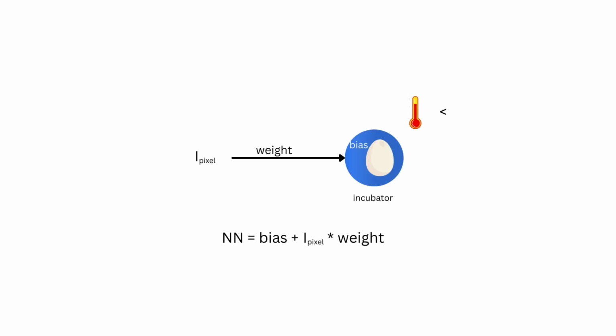If the formula value is lower, the incubator temperature will not rise, so the egg will not hatch, and no value will be sent to the next perceptron. The concept I tried to explain behind incubator and egg hatching is called the activation function, which decides whether the perceptron should be activated or not.